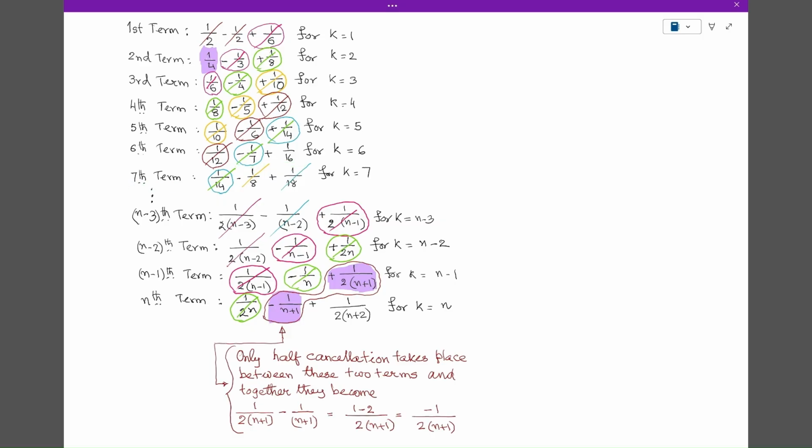The seventh term for k is equal to 7 becomes 1 by 14 minus 1 by 8 plus 1 by 18.